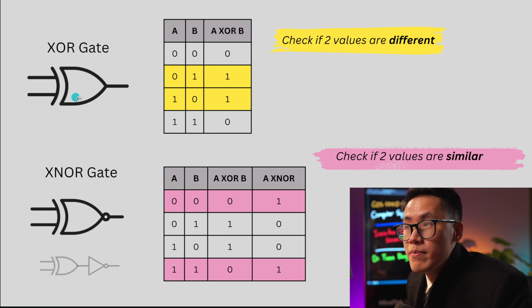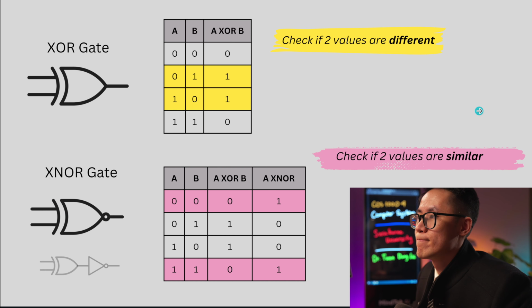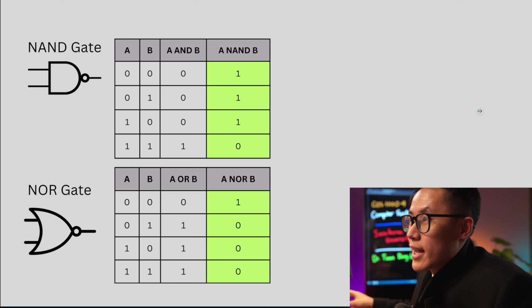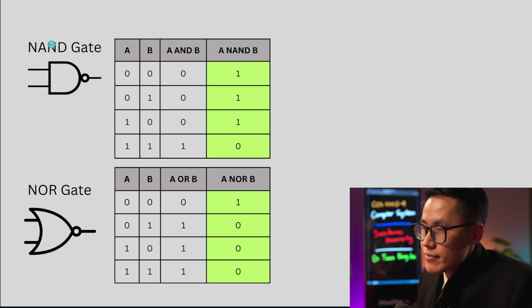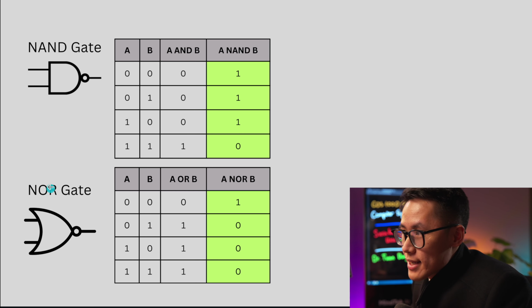And this is how you draw them. You have this curve like an OR gate, but then you have this extra curve, and then a little dot. Some other gates that we have are called NAND gates and NOR gates.